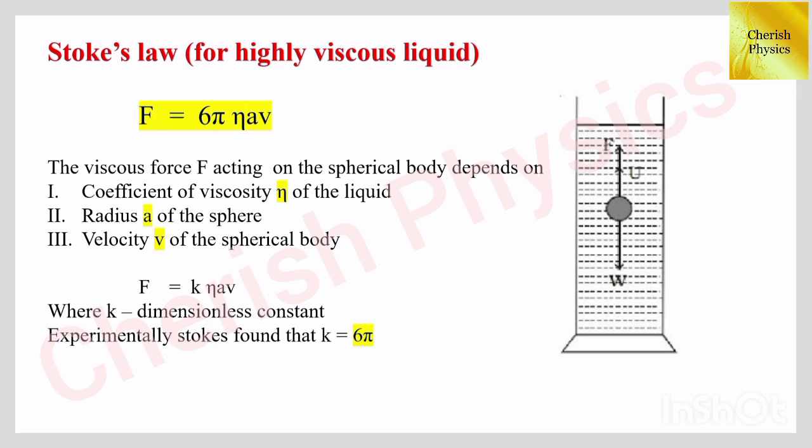F equals k into eta a v. Experimentally, Stokes found that k is equal to 6 pi. Hence, F equals 6 pi eta a v, and this is Stokes' law.